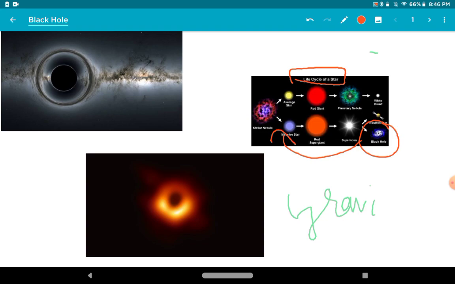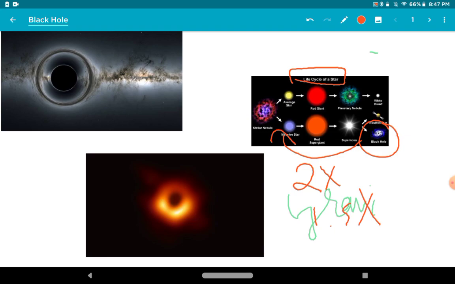The star should be about 1.5 to 3 times bigger than our sun, then it will become a black hole. If the star is an average star like the sun, it will become a red giant, then a nebula, and then it will convert to a white dwarf. But in the case of massive stars, it is not fixed that we have only a black hole. It can either be a neutron star or a black hole.